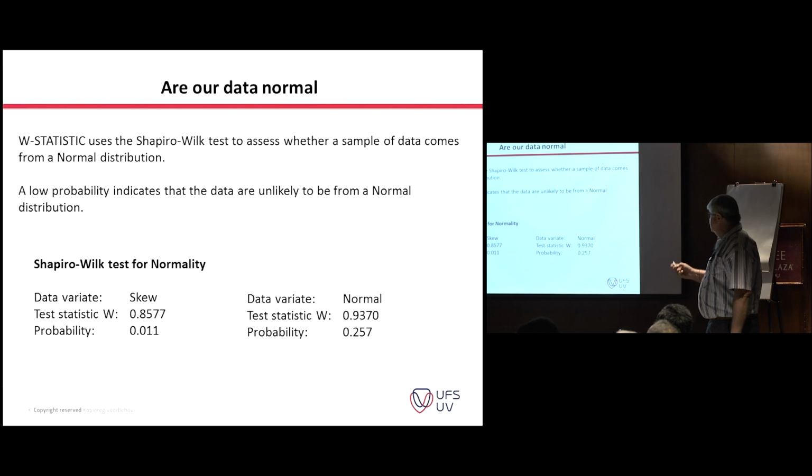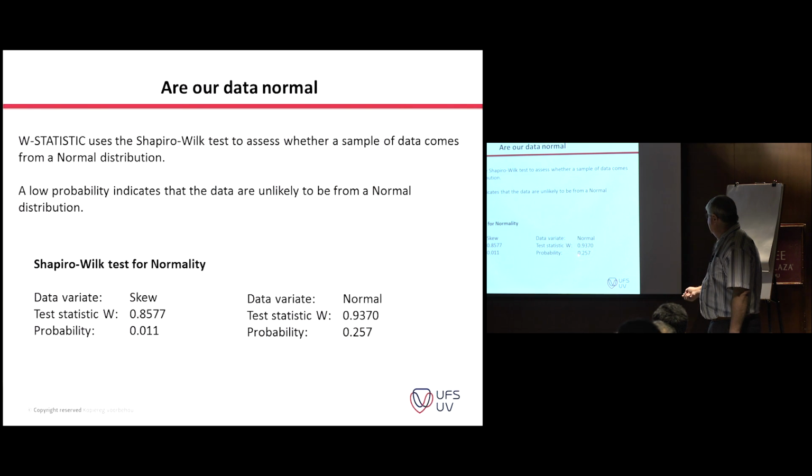So you'd put your data into a stats program, and depending on the probability value you get, it will tell you whether your data are normal or not. So that one there is less than 0.05. Remember, we always work on the 95% probability. Well, as a rule, not always. So there the data are skewed.